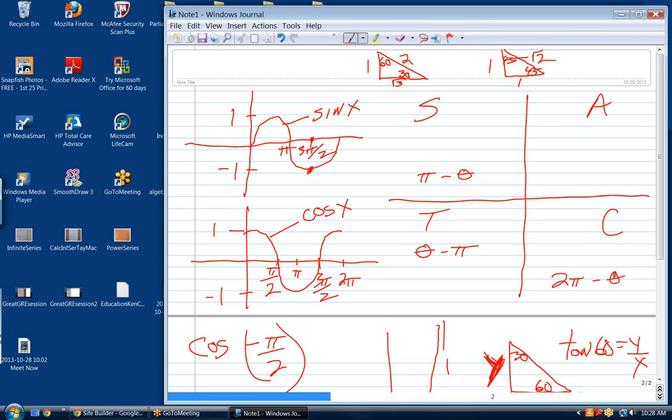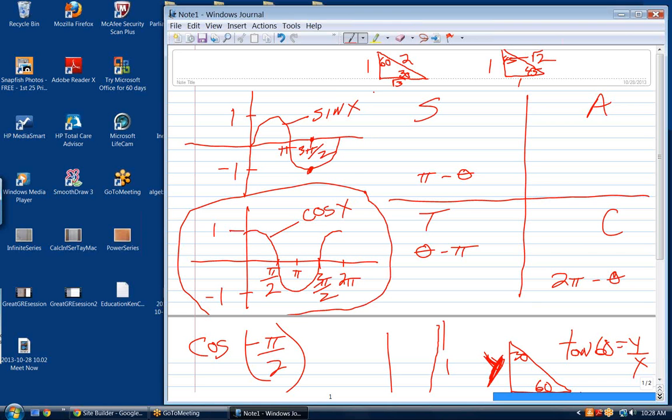Pi over 2, 0. Right. These are huge. Make sure if you memorize anything on this page, you know these two, because you're going to have to know these even better from here forward.